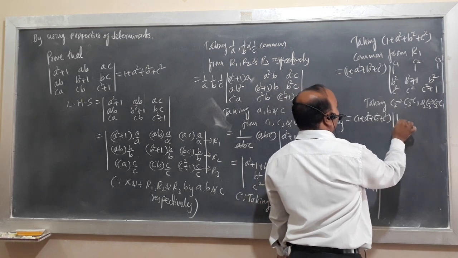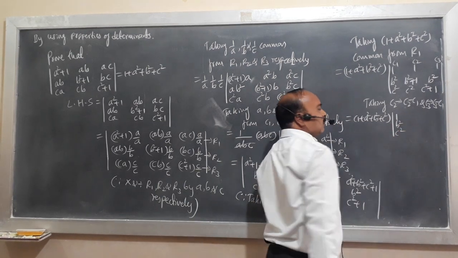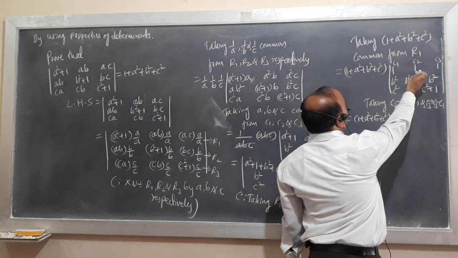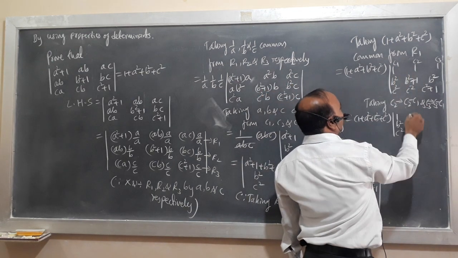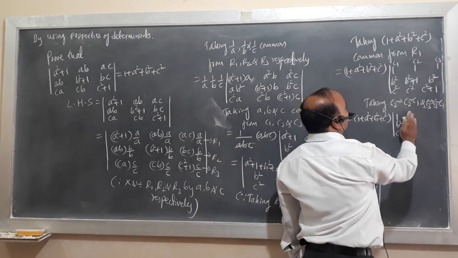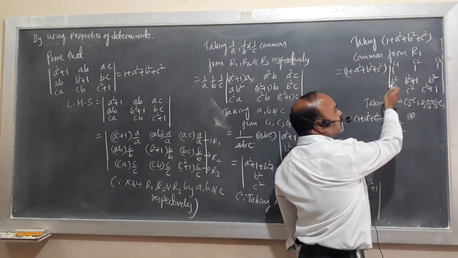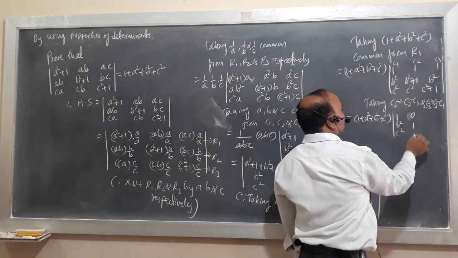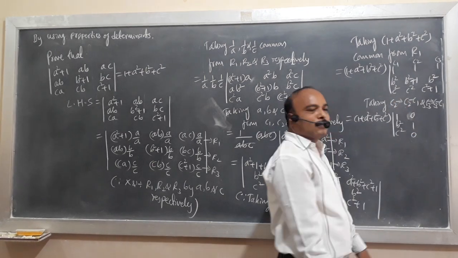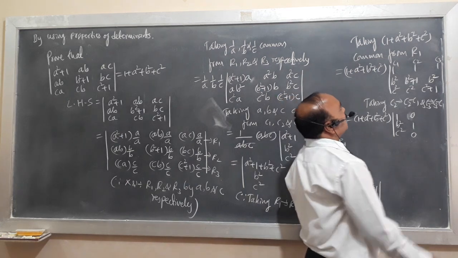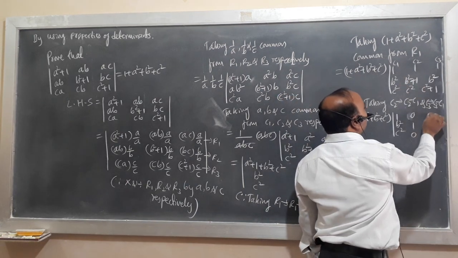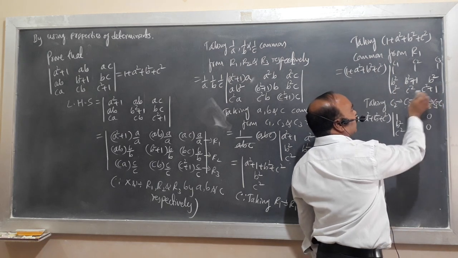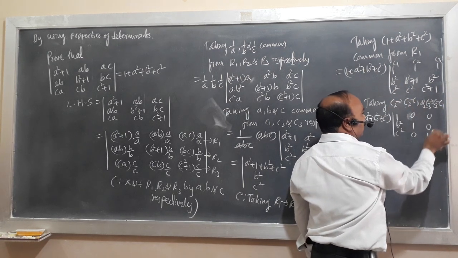Now the first column is as it is, 1, b square, c square. C2 minus C1: 1 minus 1 is 0, b square plus 1 minus b square is 1, c square minus c square is 0. Similarly C3 minus C1: 1 minus 1 is 0, b square minus b square is 0, c square plus 1 minus c square is 1.